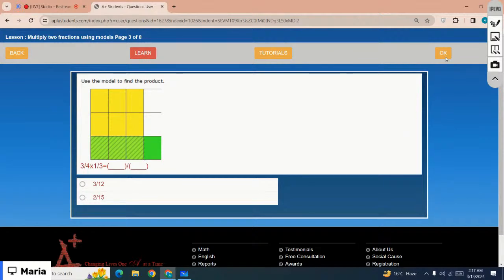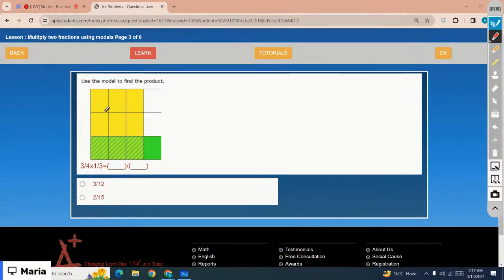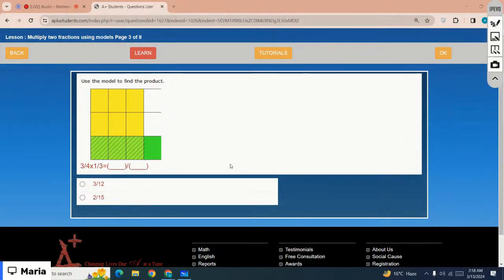So you have three of the boxes that are in the common color, right? So that means the correct option is 3 out of 12. Option number 1 is the correct option, right? Because 3 of them have the common color, so that would be 3 out of 12. Option number 1 is the correct option.